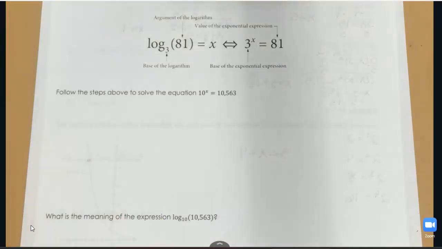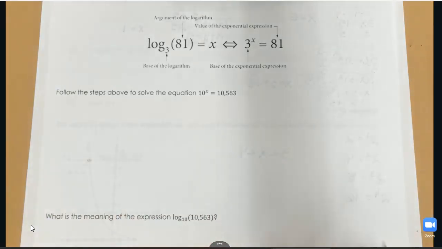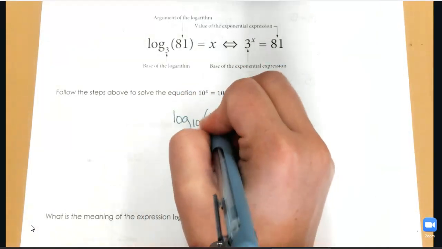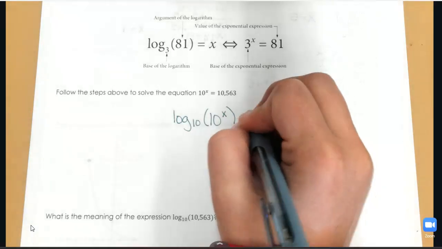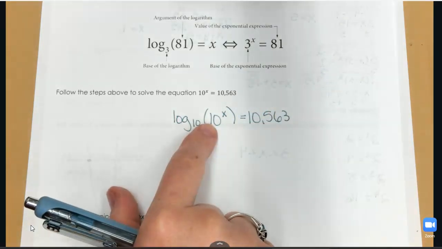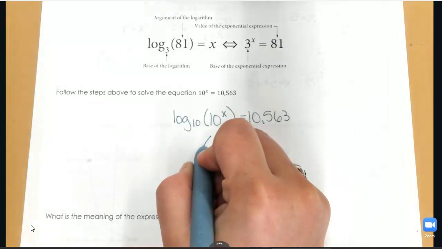If I wanted to solve this equation, 10 to the x equals 10,563, what I would do is take the log base 10 of both sides. And remember, my output when I evaluate a log is my exponent. So what this will reduce to is x.